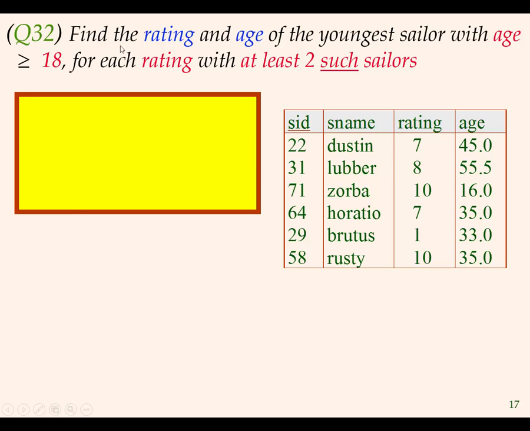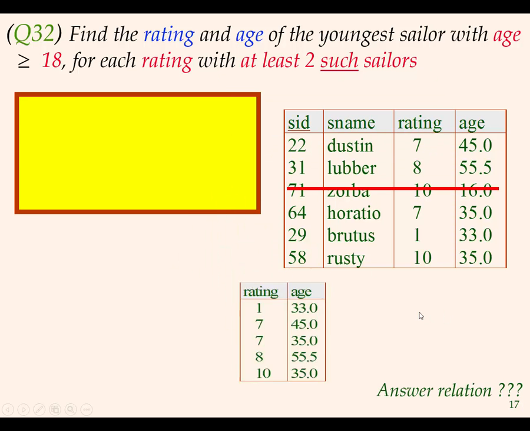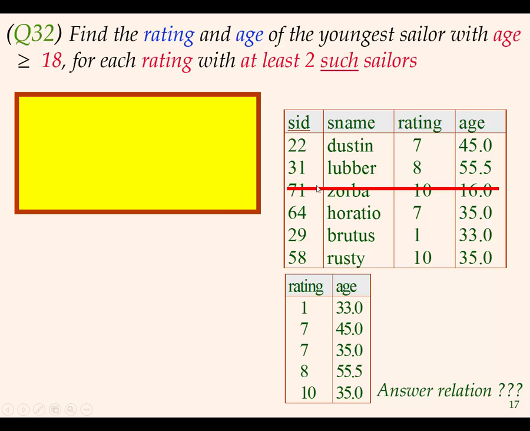Let's answer this question. Find the rating and the age of the youngest sailor with age greater or equal than 18 for each rating with at least 2 such sailors. Now, I'm going to disqualify Zorba because he's 16.